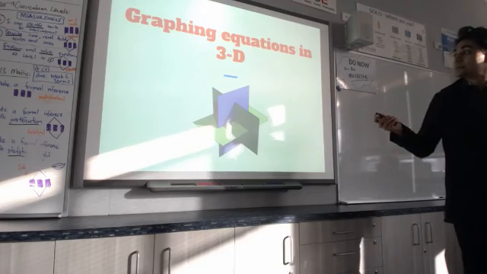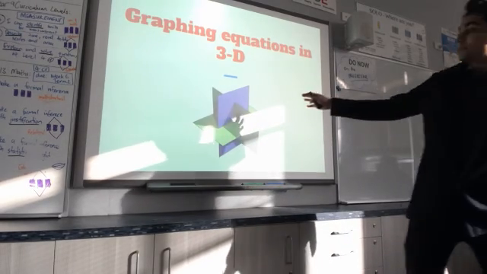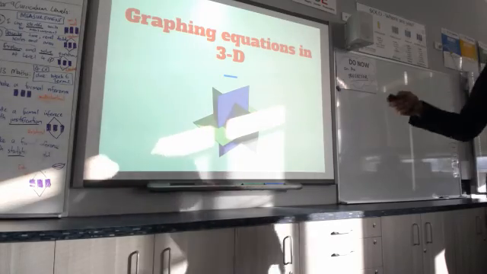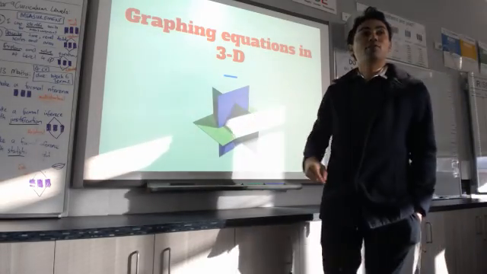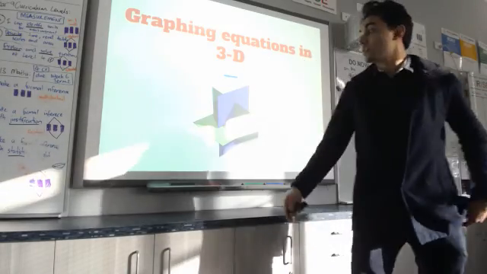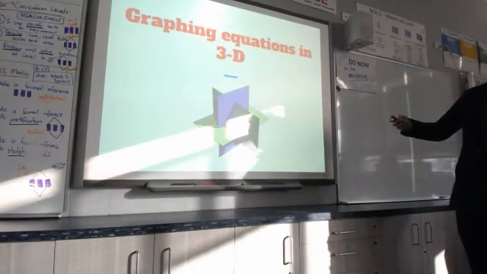Alright, so today, because we looked at lines, now we're going to look at things called planes. Not the aeroplanes that you fly in, but planes that are straight, flat surfaces.